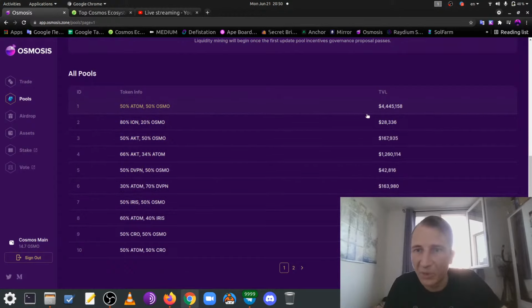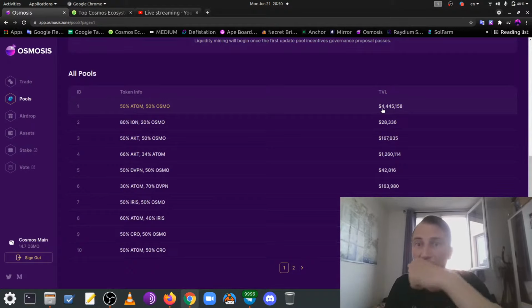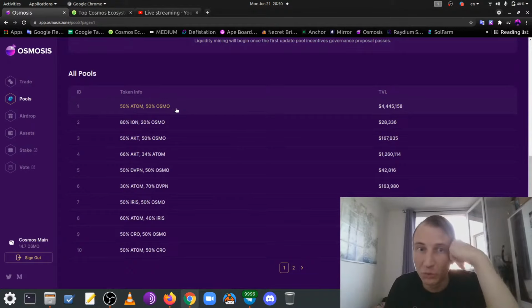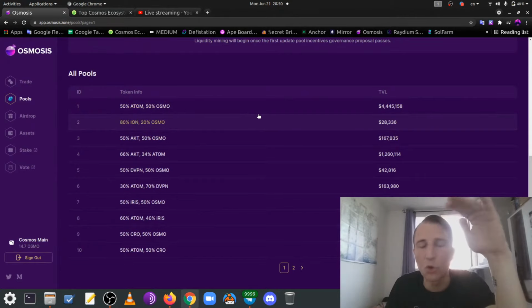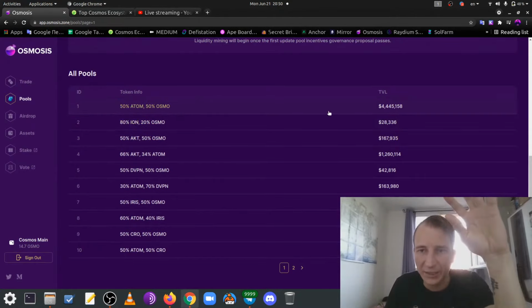So the biggest pool for now is the pool with Atom and Osmo. It means 4 million, with half in this pool: 2 million, 2.2 million of Atom and 2.2 of Osmo. It means that we can exchange Atom to Osmo without any change of the prices.